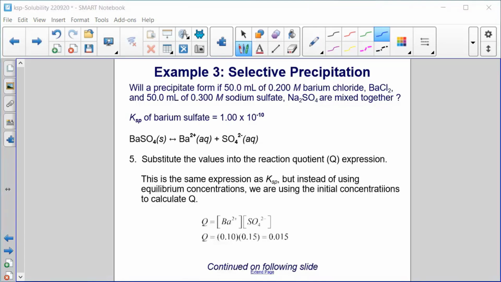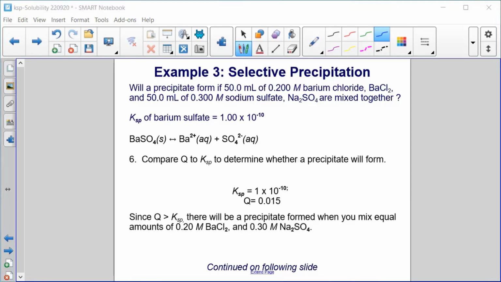Now that we have the concentrations of the barium and sulfate ions, we can substitute those values into the reaction quotient or Q expression. This is the same expression as KSP, but instead of using equilibrium concentrations, we're using those initial concentrations after the mixing. Okay, so the barium concentration is 0.10, the sulfate concentration is 0.15, so we get Q equal to 0.015.